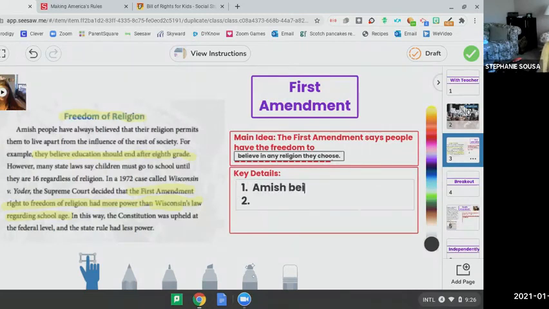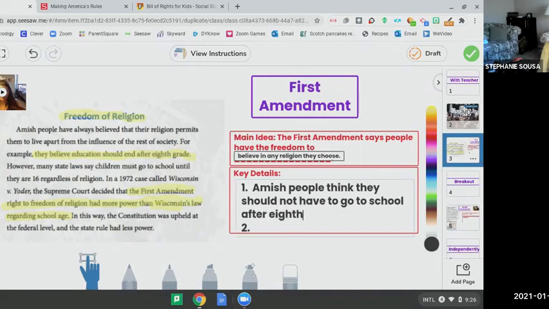So Amish people think they should not have to go to school after 8th grade. Okay, so I'm talking about the religion, which is the Amish religion.